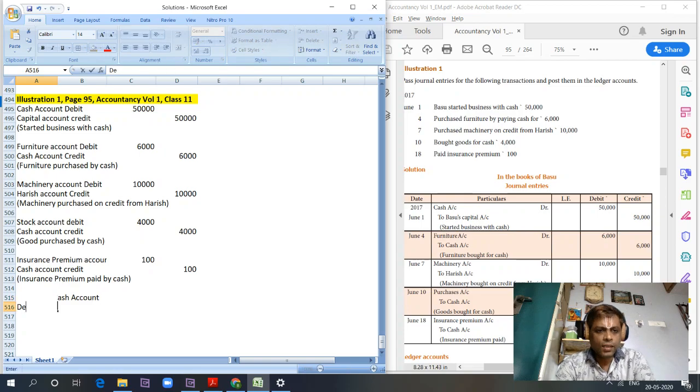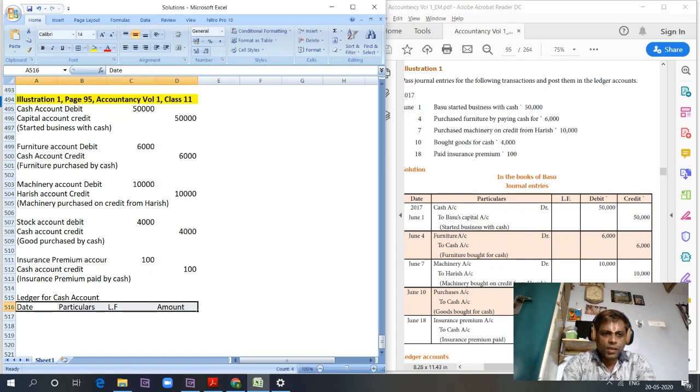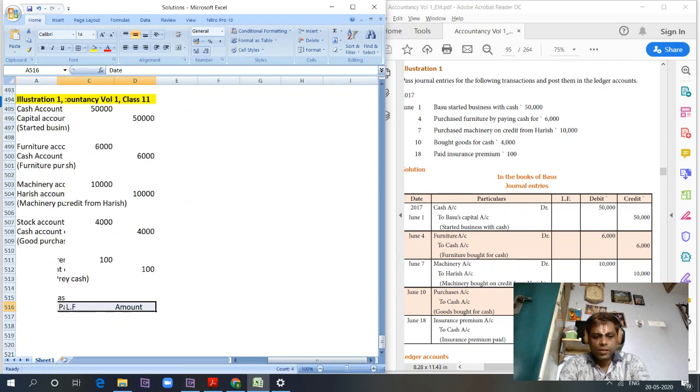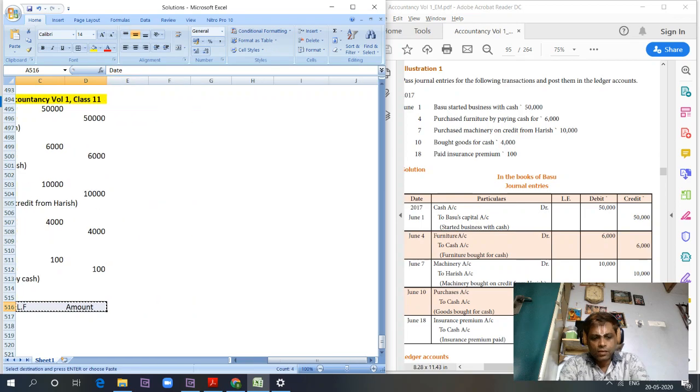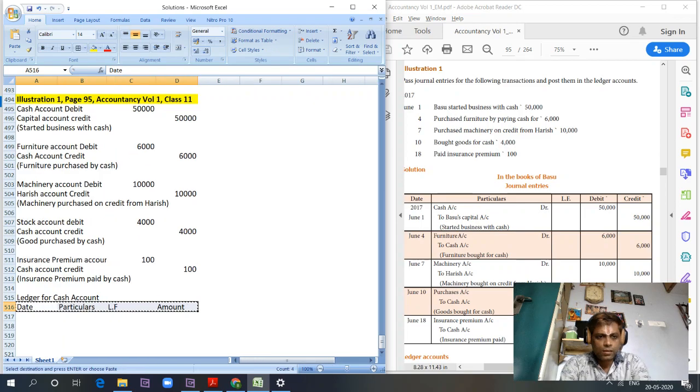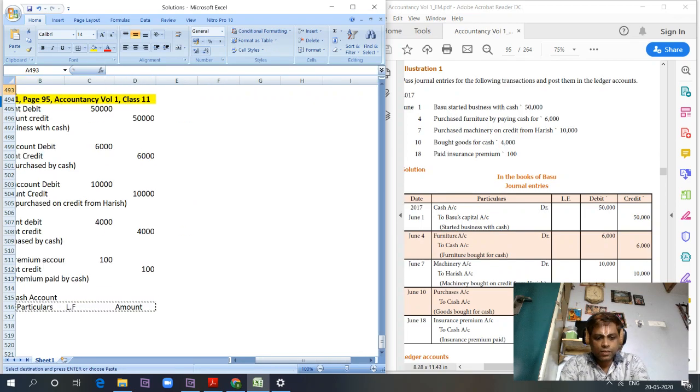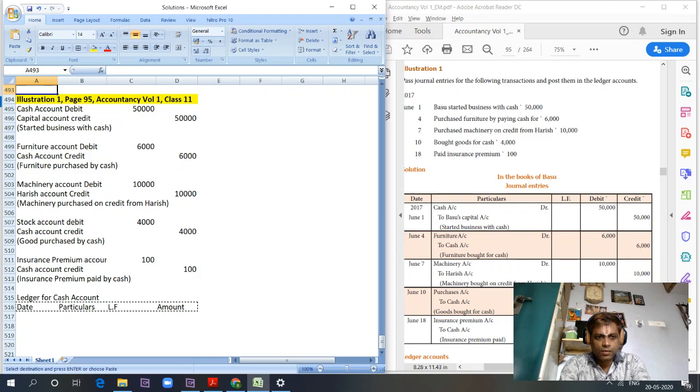We saw the format of the ledger: date, particulars, ledger folio, amount, and similarly for the credit side.